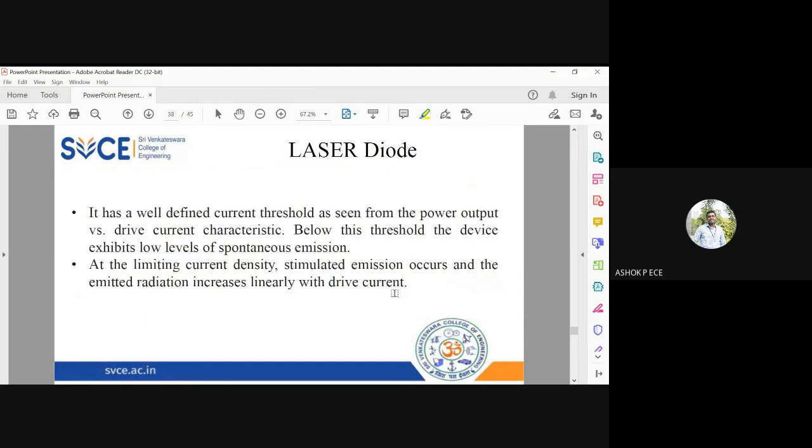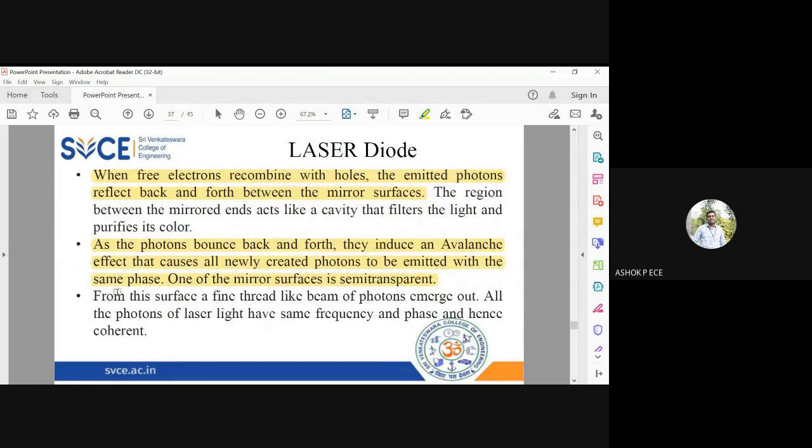The important property is that all the photons will have the same frequency and phase, and hence they are called coherent. It's very simple. You have a cavity. Inside the cavity, you have a PN junction diode, and on both sides of the cavity, you have highly polished mirrors. As you apply voltage, electrons and holes recombine to produce photons. These photons don't know how to come out, so they travel back and forth between the mirrors, hitting them.